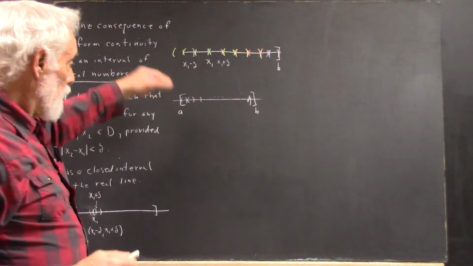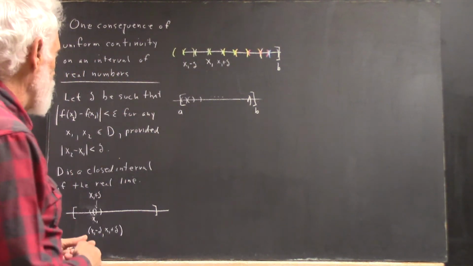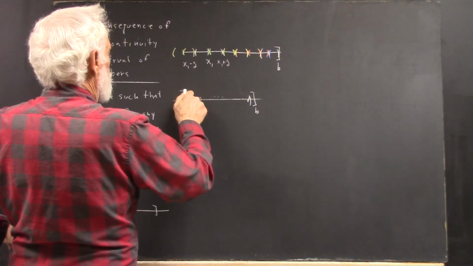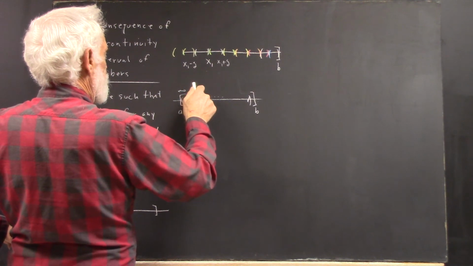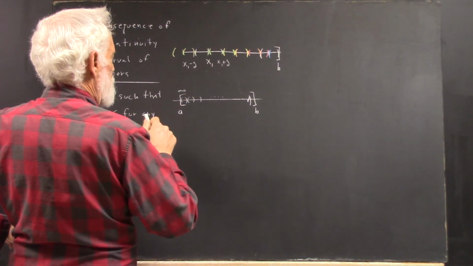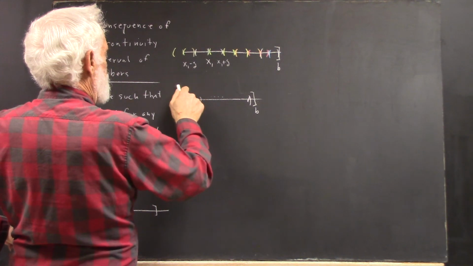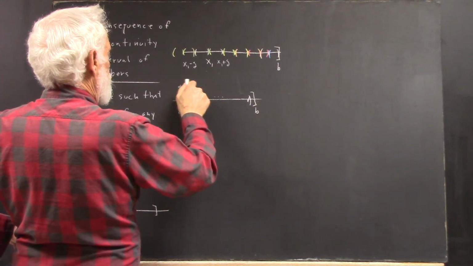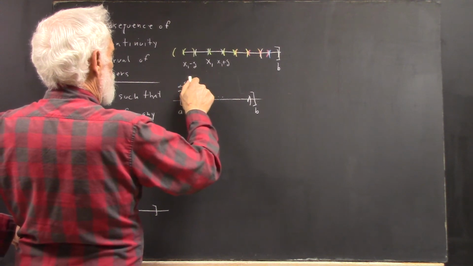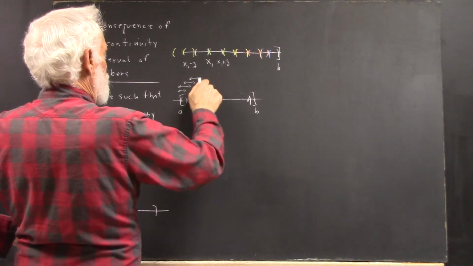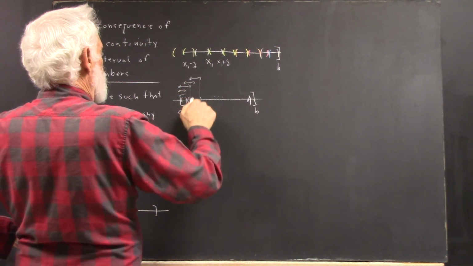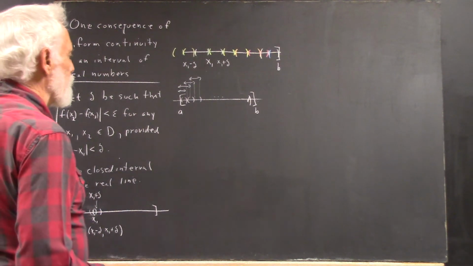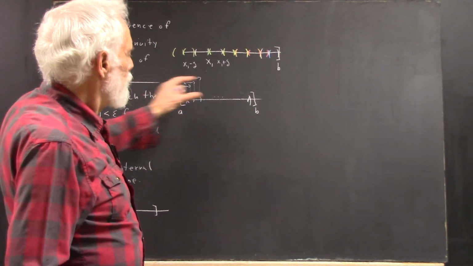Now this can be written out. Here's the first interval, here's the second, and then the third interval overlaps the second, and the fourth overlaps the third, and so forth. A bunch of overlapping intervals that cover the interval D.